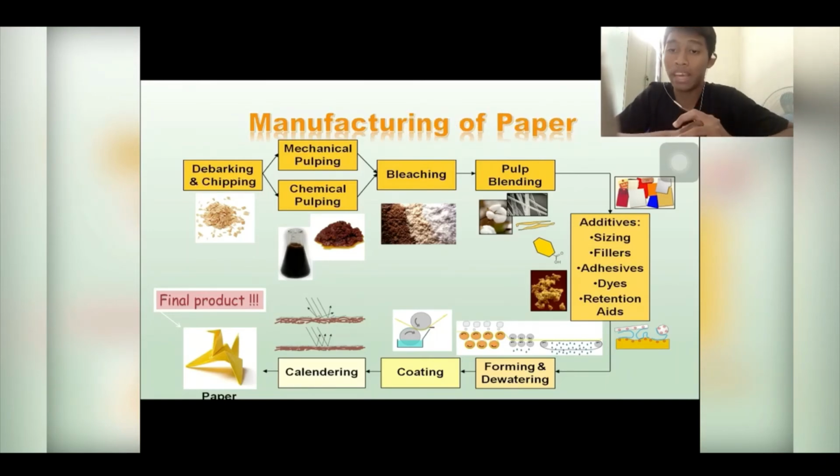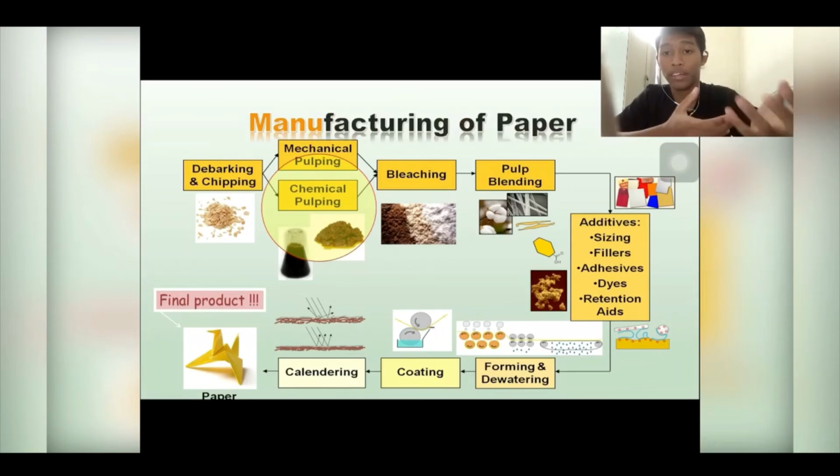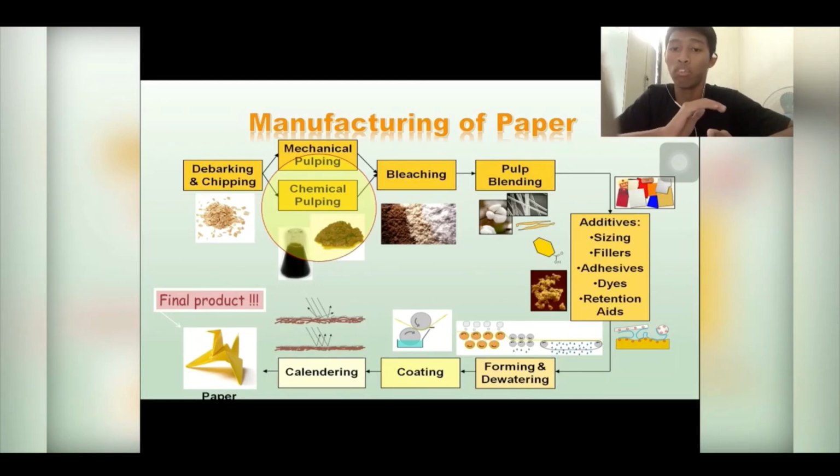In the mechanical processes, logs are first tumbled in drums to remove the bark. The logs are then sent to grinders, which break the wood down into pulp by pressing it between huge revolving slabs. The pulp is filtered to remove foreign objects.